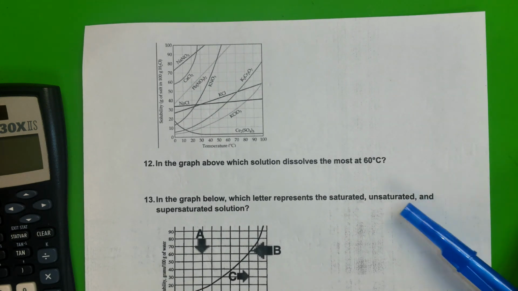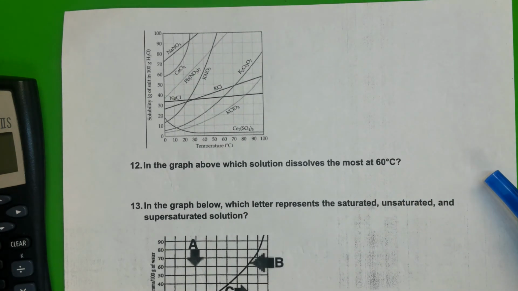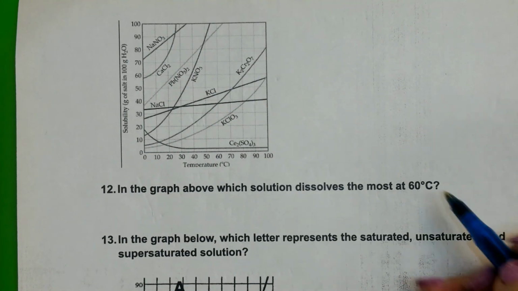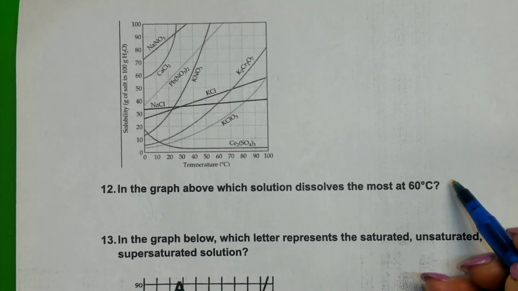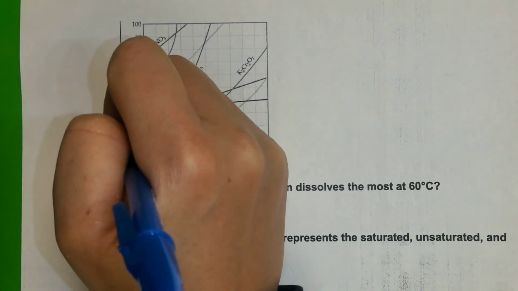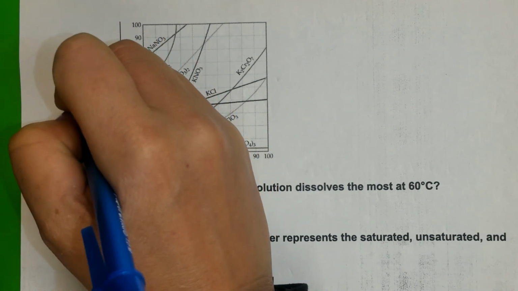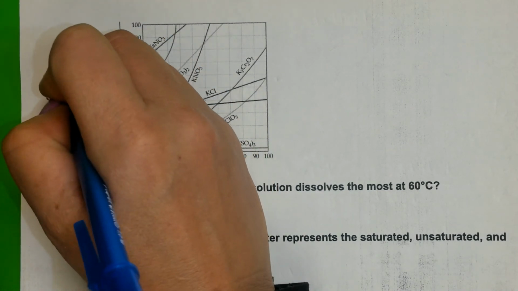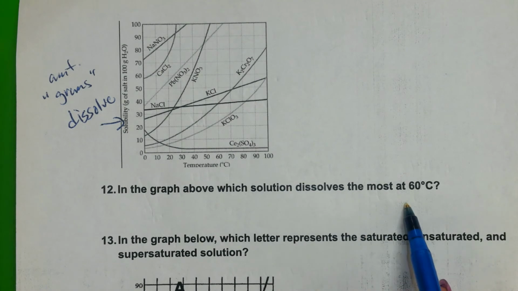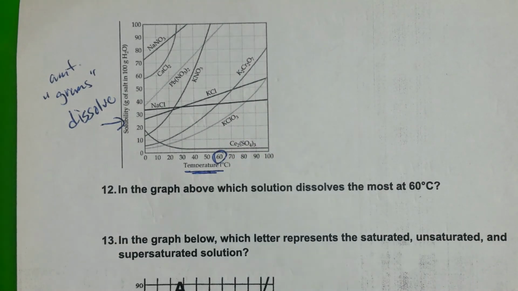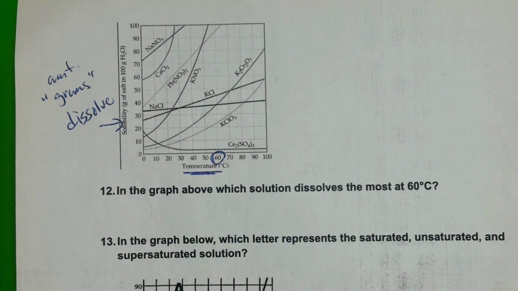Okay, so we're going to go ahead and look at the graph for this next one. In the graph above, which solution dissolves the most at 60 degrees? Remember that solubility is the amount that dissolves, and this is in grams. The 60 degrees is on temperature, so it's right here. And which solution dissolves the most?